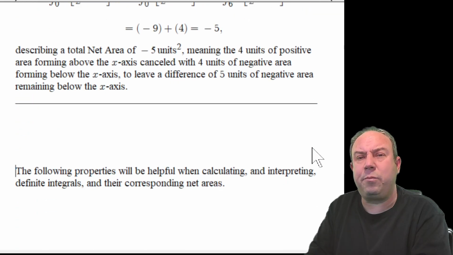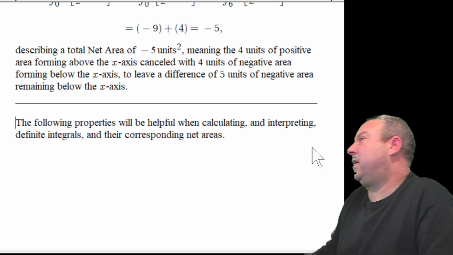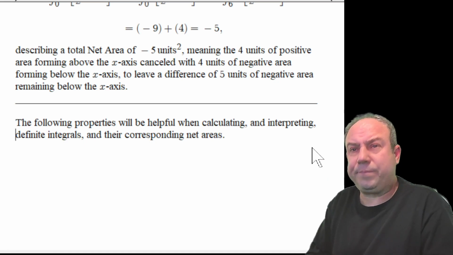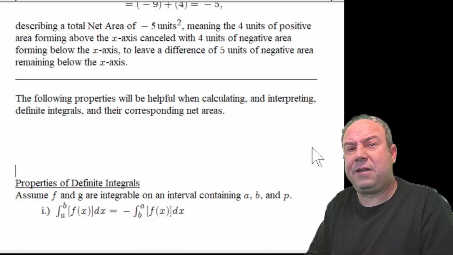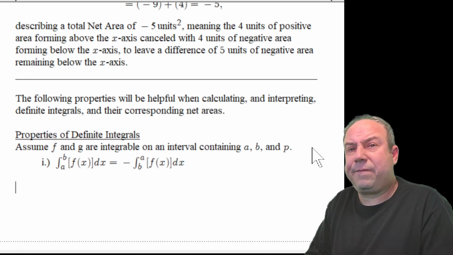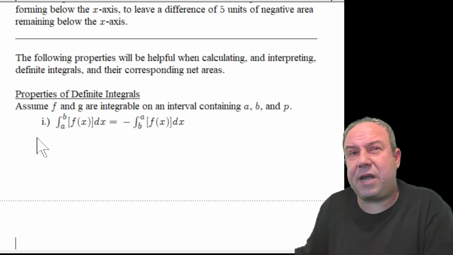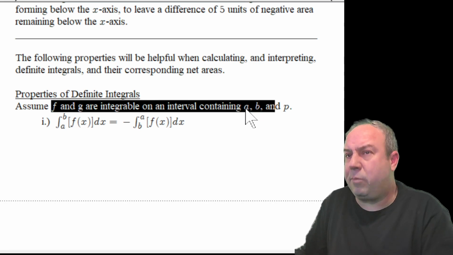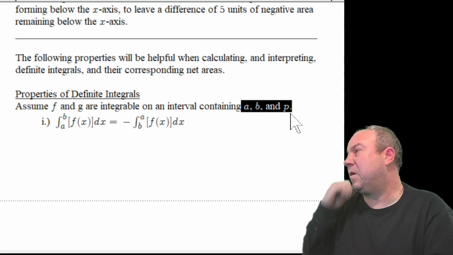Now, there are a few properties we're going to go through here that are helpful when calculating and interpreting definite integrals. Let me go through these with you. I'll give you a few examples that will follow here. First of all, in these properties, we're going to have a couple of functions, f and g, that are just going to be integrable, and they're over intervals that contain a, b, and p. All right?